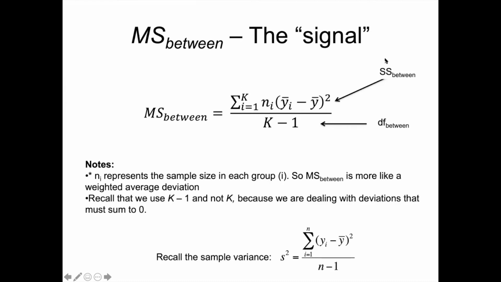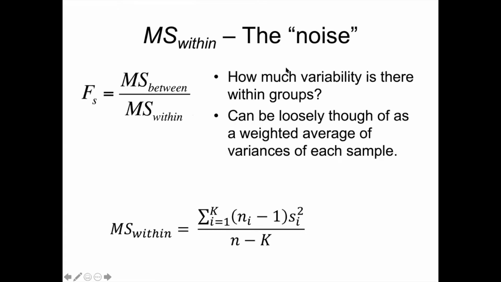So this is the signal part of our F statistic, but what about the noise part? Well, the noise part of our calculation is referred to as the mean square within, which is simply a measure of how much variability there is within each of our groups. And it can loosely be thought of as a weighted average of the variances of each sample.